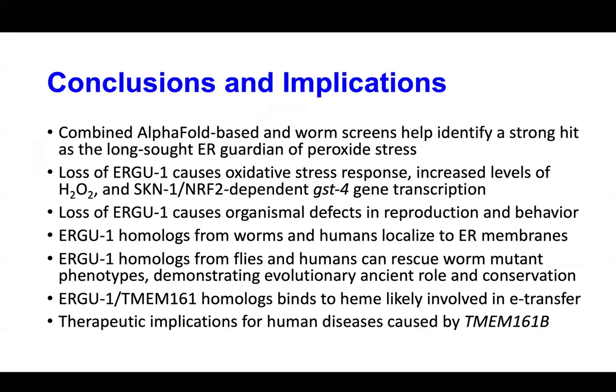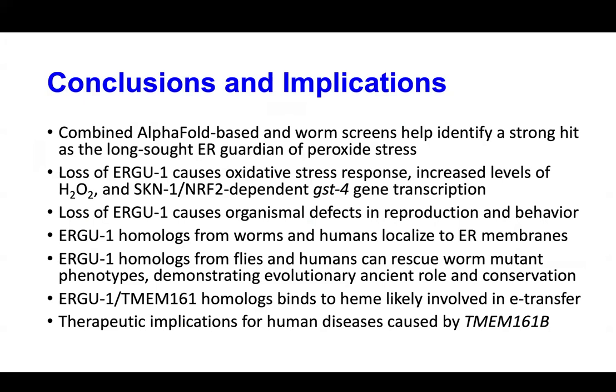This is just a recap of what I have just told you. We use a combined computational functional approach to discover a long-sought ER guardian of peroxide stress. And we showed this striking phenotype in C. elegans, and also the conservation of this protein function in the animal cell based on the rescue of the C. elegans mutant phenotype. And some preliminary biochemical analysis indicate this protein may also bind to heme, likely involved in electron transfer.